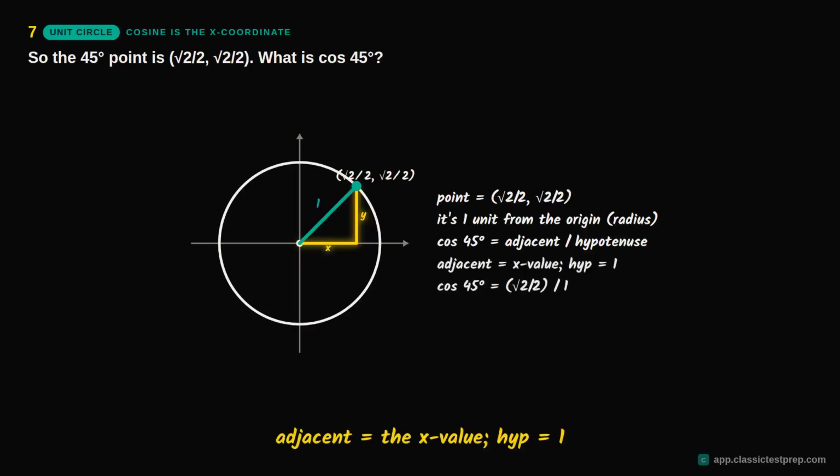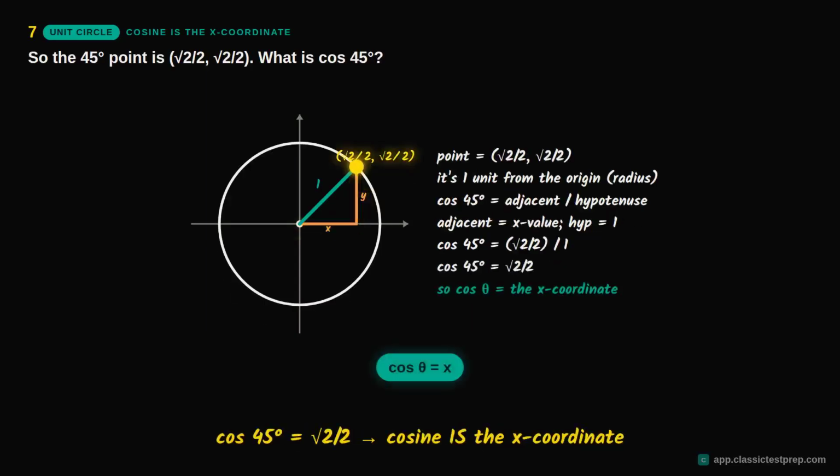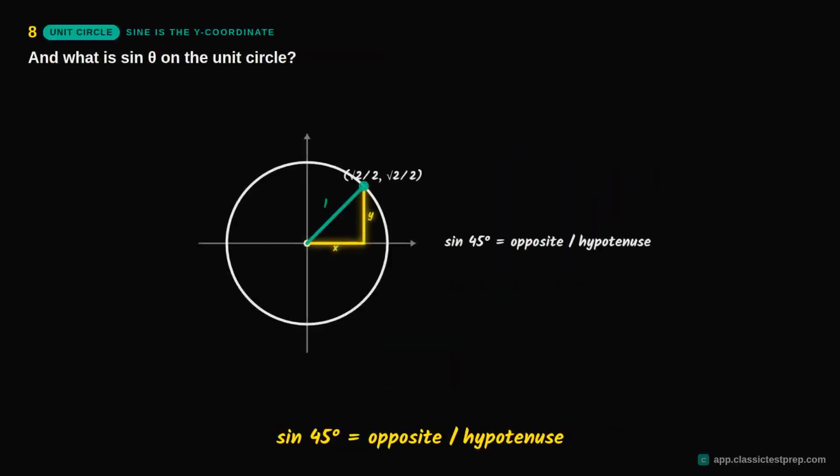Cosine of the central angle theta is equal to the adjacent side over the hypotenuse. The hypotenuse is 1, and the adjacent side is the x-axis. The x-axis is the adjacent side, and it gives us square root of 2 over 2. That's super important. Cosine is the x value because cosine gives us the adjacent side, and that's our x-axis.